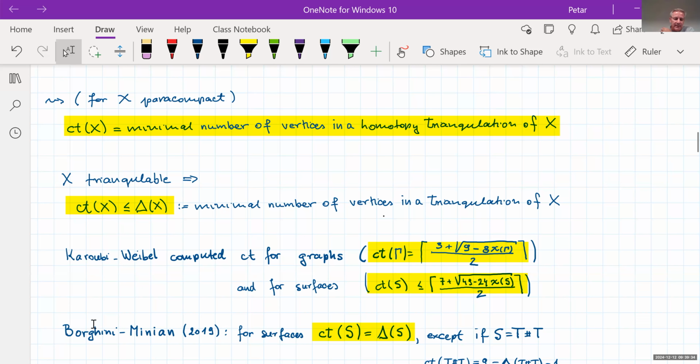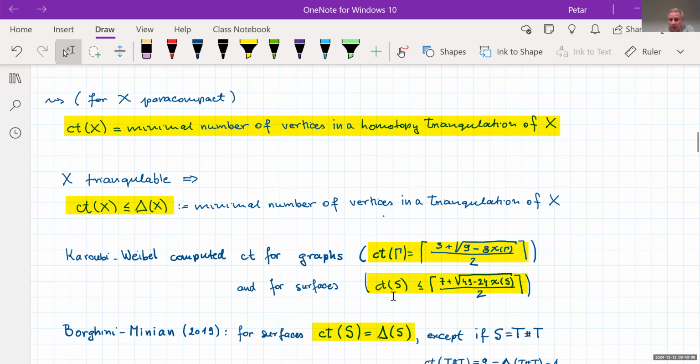But just a few years later, Borghini and Minian proved that most of the time this value is precise. So for most surfaces, the covering type of a surface is equal to this number. Then there are 3 exceptions for which it is smaller by one. This is the double torus, the Klein bottle, and the non-orientable surface of genus or hemigenus 2.